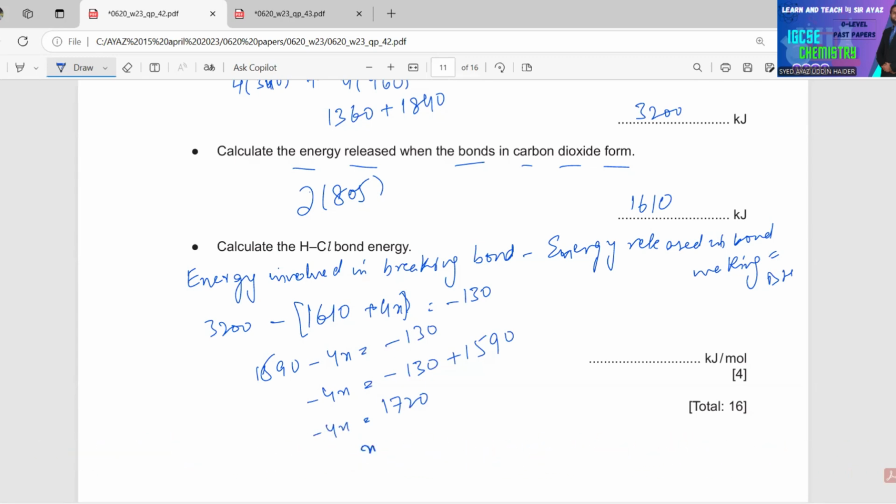So 4x equals 1720, and x is equal to 1720 divided by 4, which is 430. So plus 430 will be the final answer in this case.